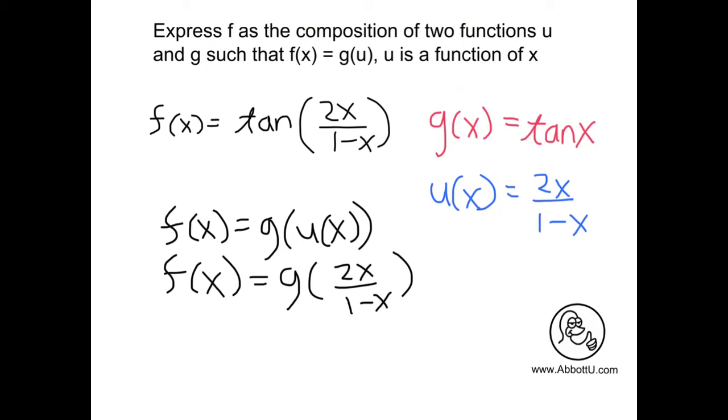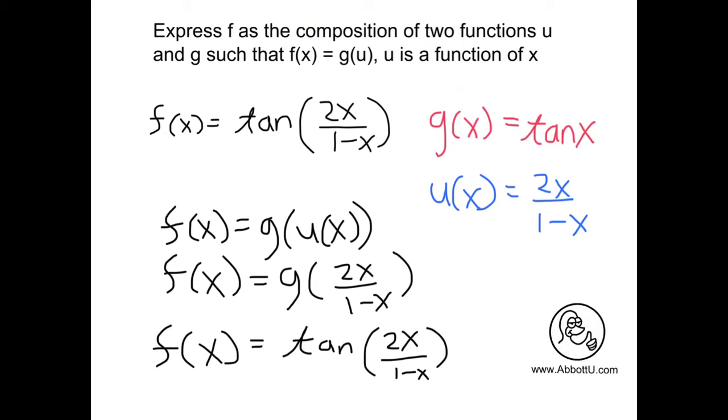And then the final move is, therefore, f of x equals, since it's g of this thing, well, g of something is tan of that thing. So we have tan of 2x over 1 minus x. So that is that one.